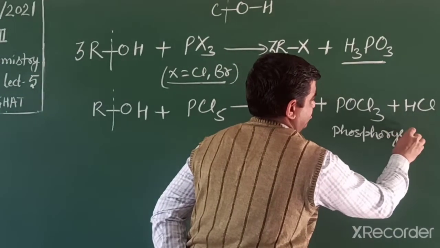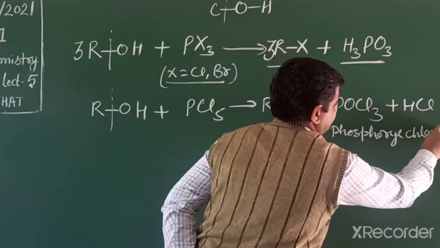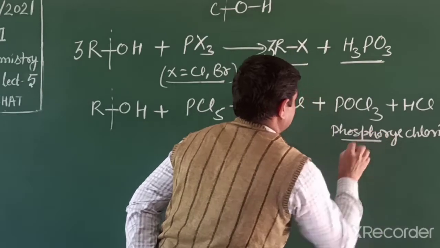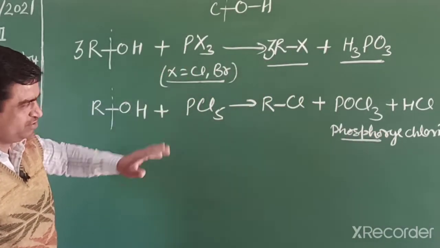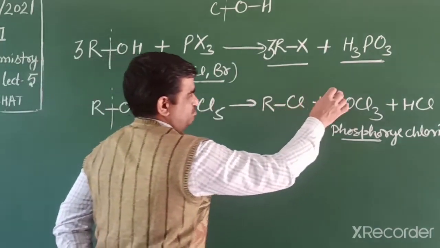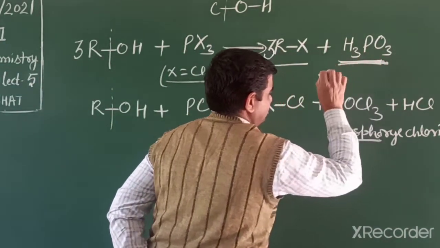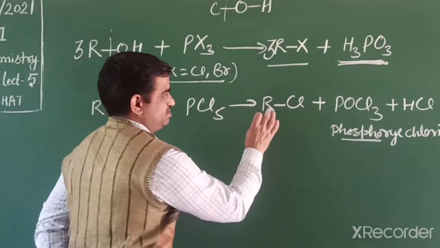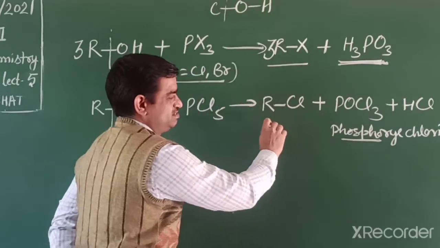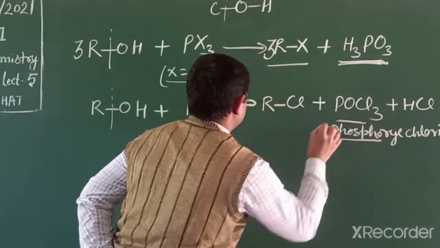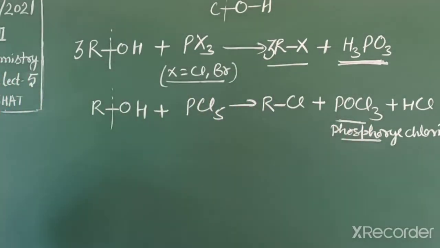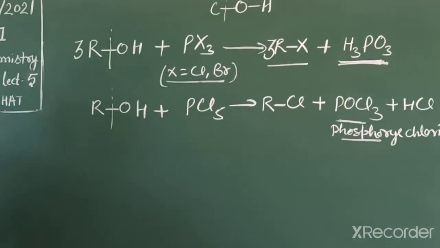So students, in these two reactions you notice that in the first reaction we get phosphorus acid, and in the second reaction, if the halide is chloride, then we get phosphoryl chloride. So these are two reactions from phosphorus trihalide and pentahalide.